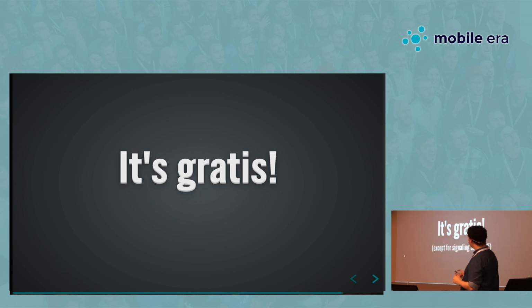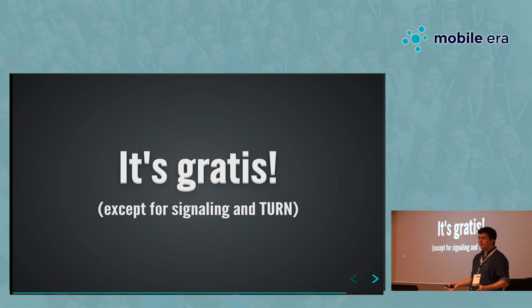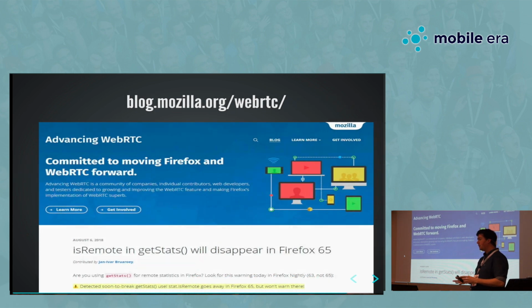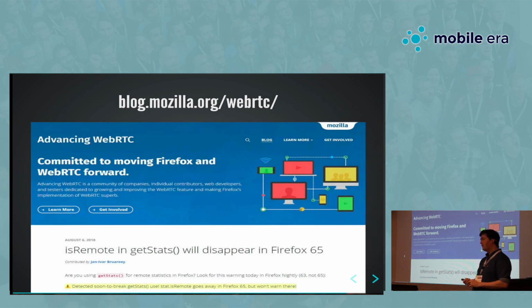Of course, except for the signaling, but all projects usually have a backend anyway. And TURN, the relay server, if you can't connect due to your firewall. But TURN is something you can consider purchasing if you don't want to set it up yourself. And Mozilla has a great blog dedicated to advancing WebRTC, if anyone wants to read about the latest news for WebRTC.